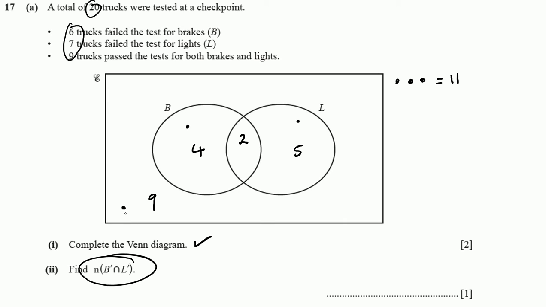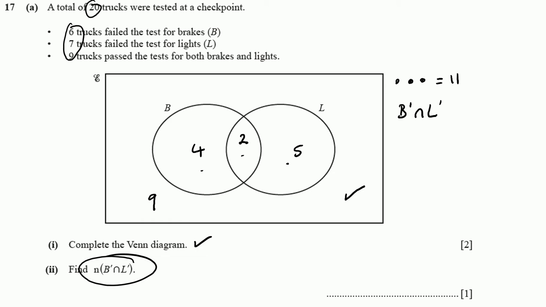Let's first of all consider what's meant by B dash and then the intersection symbol L dash. This is everything which is not in B and not in L. Now the easiest way to do this is to simply test each of these 4 regions for this condition. If I look at the outside of those 2 sets, this satisfies the condition that we are not in B, and it satisfies the condition that we're not in L. So I would want to include that area.